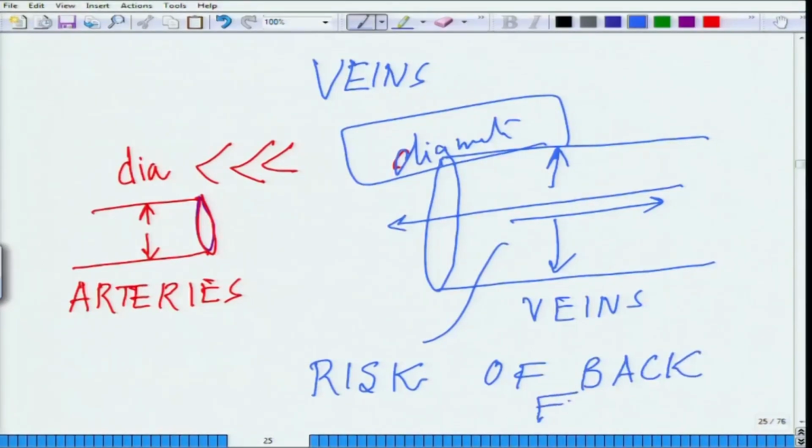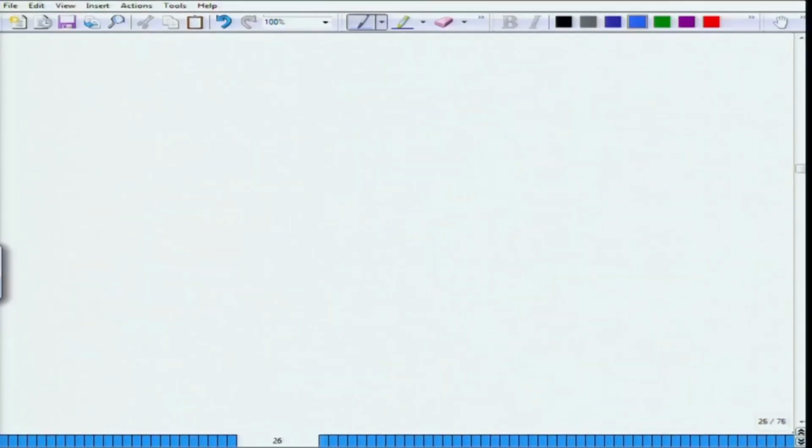So, how does nature prevent the backflow of blood in the veins? That is very important. There comes a series of valves which are present only in the veins. These are called venous valves.